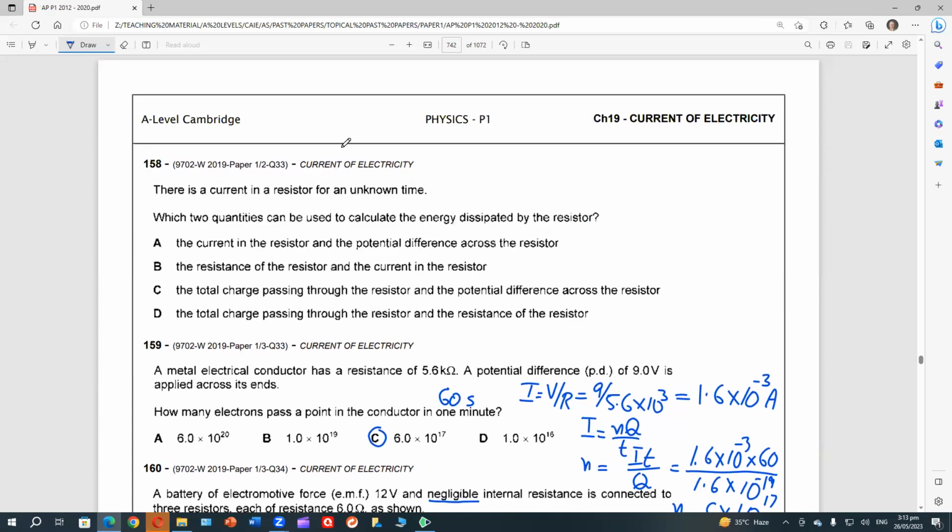There is a current in a resistor for an unknown time. Which two quantities can be used to calculate the energy dissipated by the resistor?